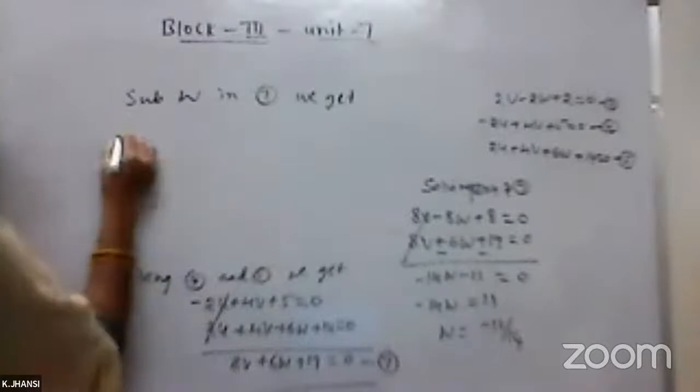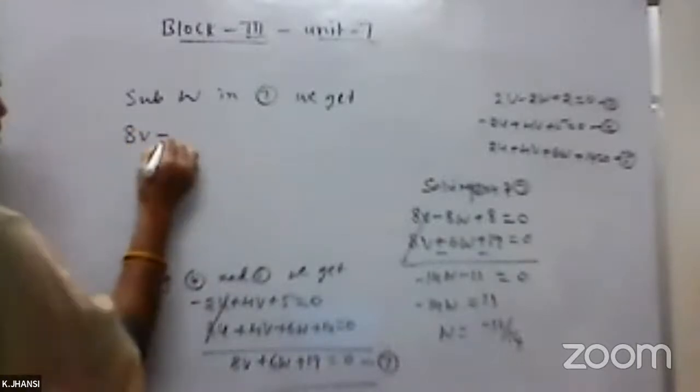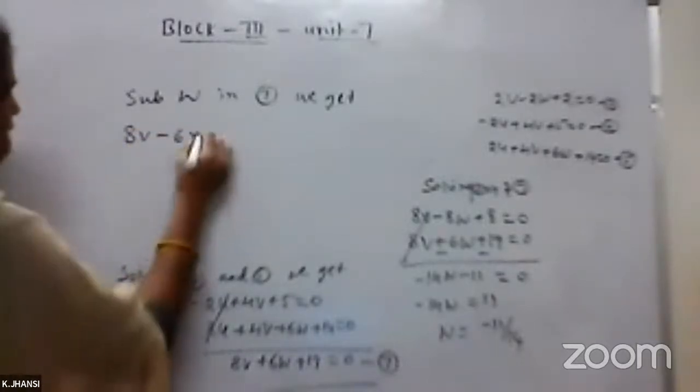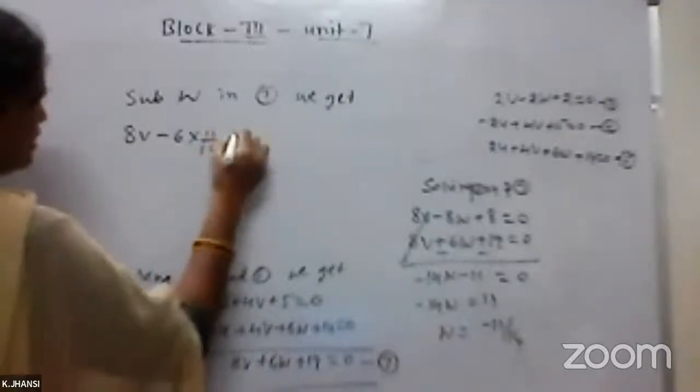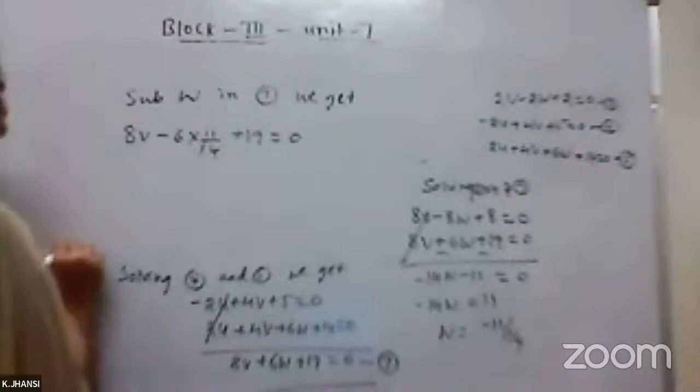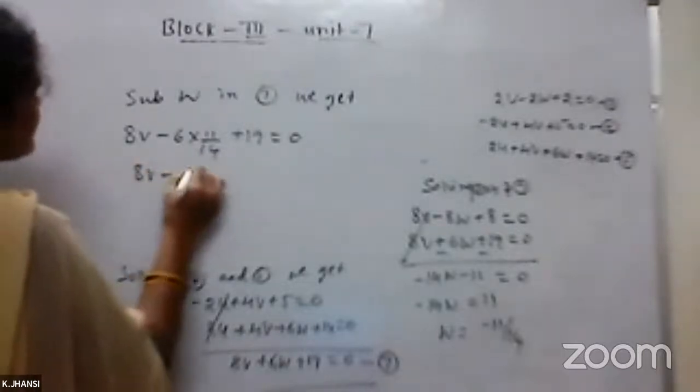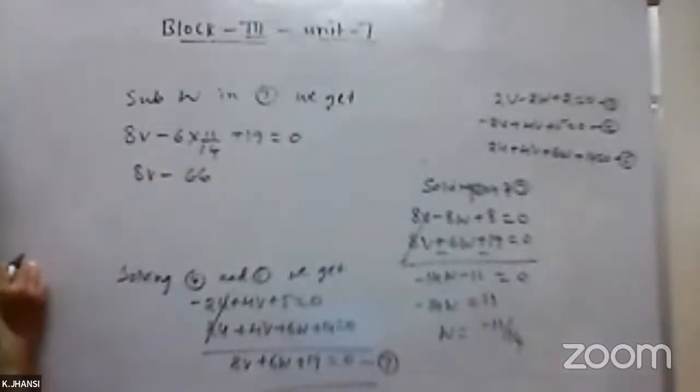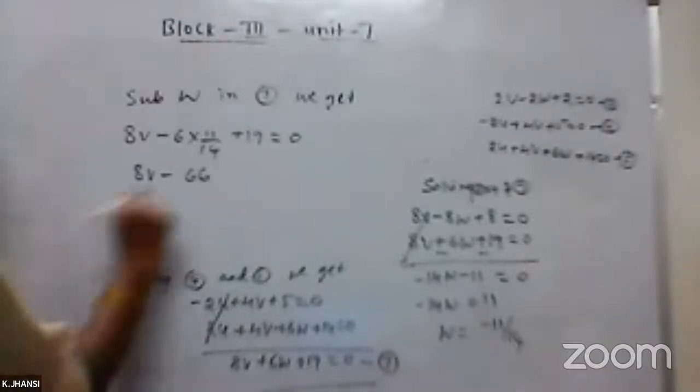So seventh equation is 8V minus 6 into 11 by 14 plus 19 equals to 0. So this is 8V minus 11, 6 are 66, 14, 19 means how much will get? No, this is the very lengthy one.